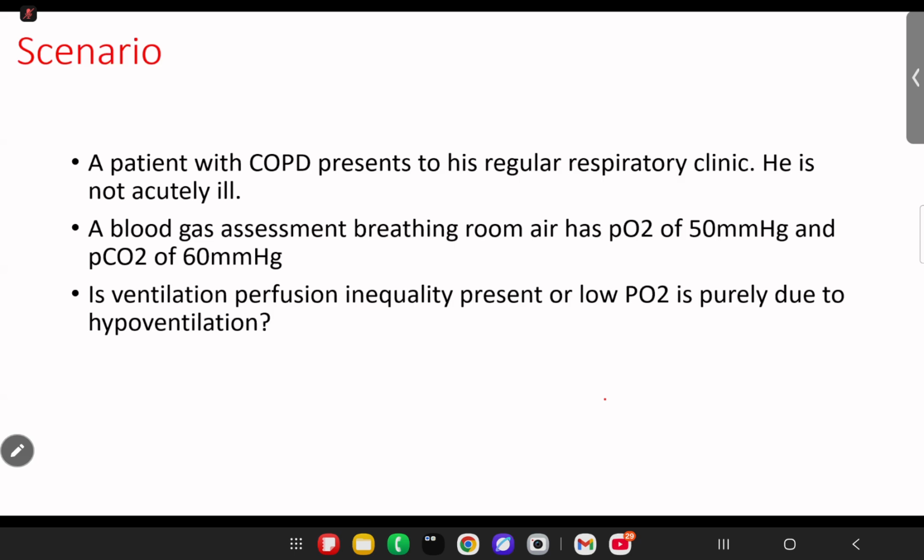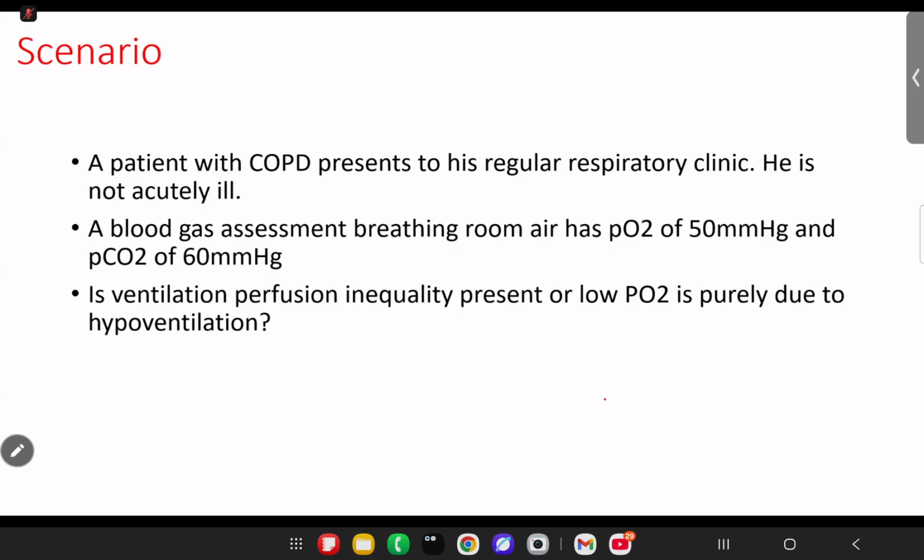That is true. Carbon dioxide goes up with hypoventilation, or if you have more alveolar dead space, you can have high carbon dioxide. So in other words, with alveolar hypoventilation, you can get carbon dioxide of 60.